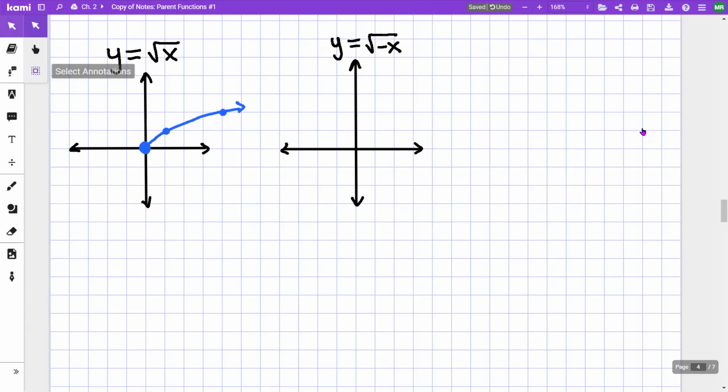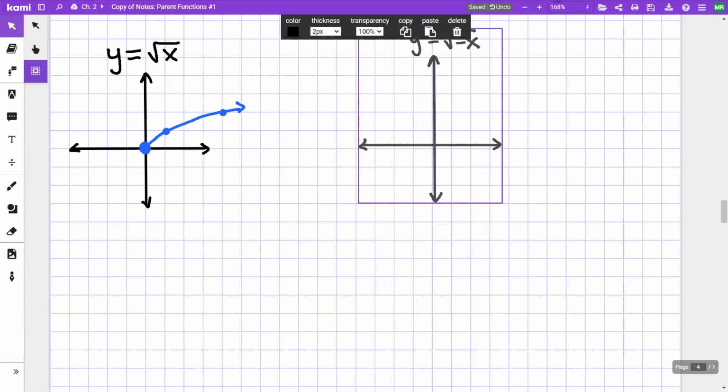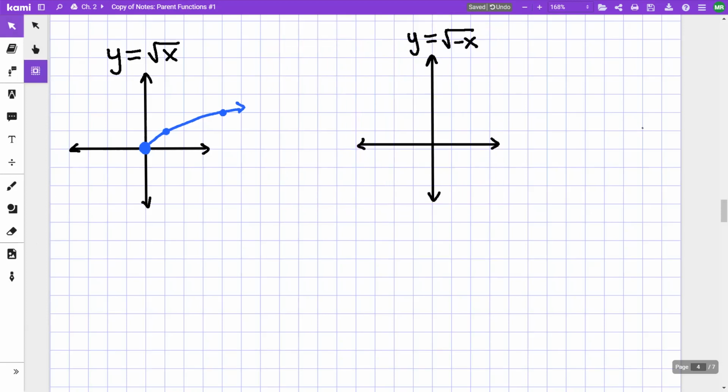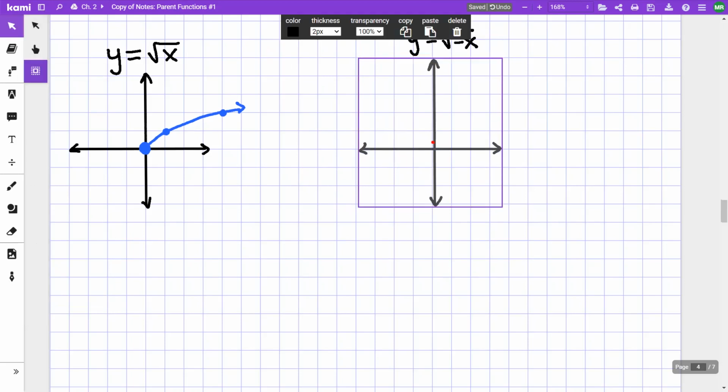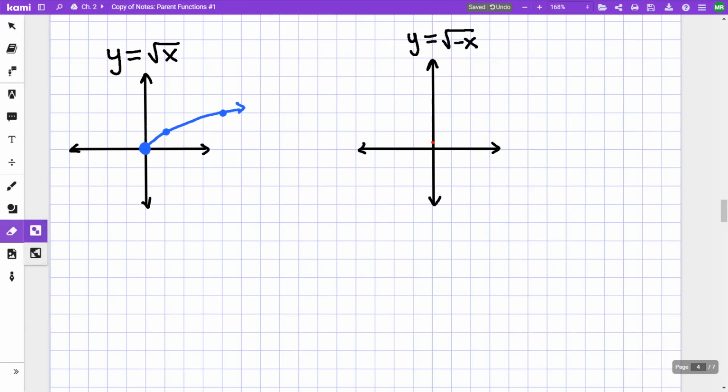I'm just going to move this over a little bit. I am going to have 0, 0 still.